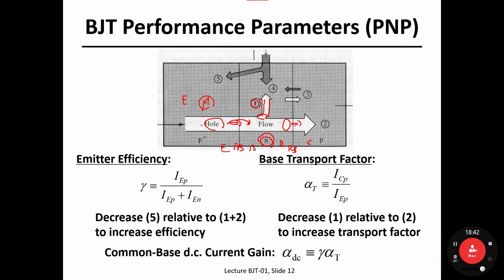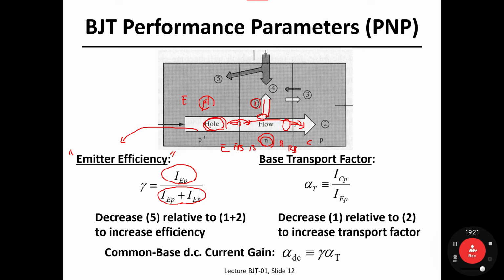So how efficiently are the holes delivered from the emitter to the collector? To measure this delivery performance, device engineers have come up with a metric named emitter efficiency. Okay, so emitter efficiency indicates the total amount of holes injected into the base and how many holes survive and arrive at the collector side.